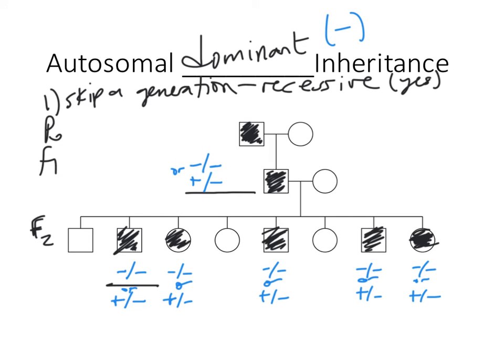So it can't be that genotype, because some of his kids don't have the disease. So if it's dominant, this F1 father can't be homozygous. If he was homozygous for the mutation, all 8 of these kids would have their symbols filled in. There's no way to escape dad's disease.